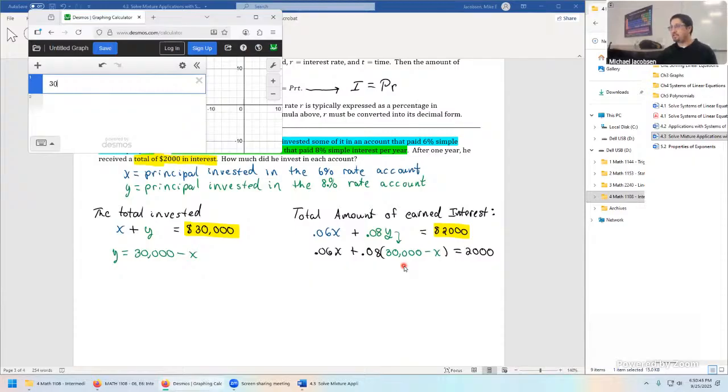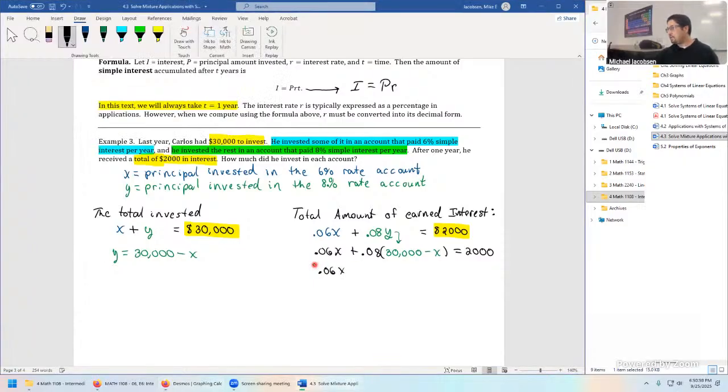I need to take 30,000 multiplied by 0.08, and this comes out to 2,400. So on the left here, copy in 0.06x plus 0.08 multiplies here first. That's the 2,400. Then 0.08 also multiplies here, so negative 0.08x equals 2,000. So that's our equation so far after distributing.